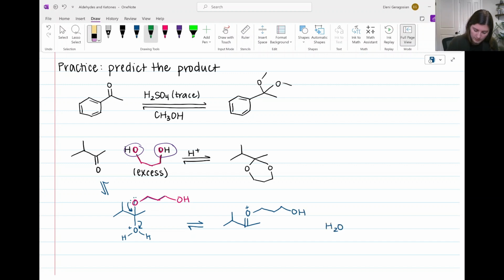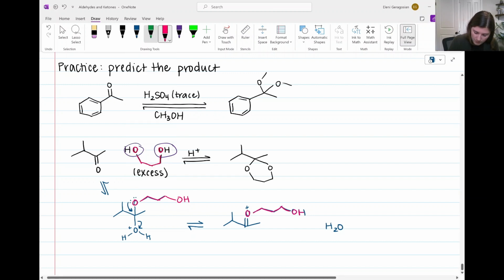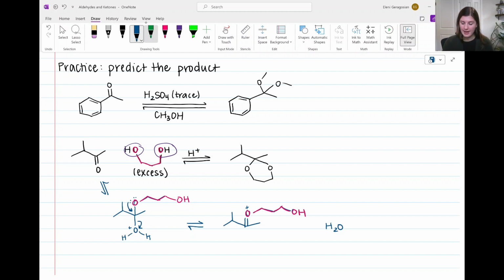We've lost water, and let's keep these pink. Now that we already have this alcohol group right here, close to that carbonyl-like carbon, the carbon with the double bond, this alcohol oxygen can easily form a bond to that carbon, and then we break that pi bond.